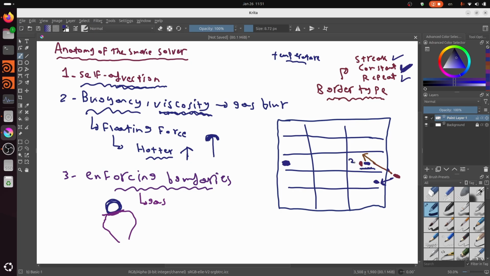So if this is 2, okay, we're going to stay at 2 in the next frame. But with streak, you are going to take the value of this voxel, okay, and repeat means that you are going to take the value of the voxel at the opposite side. So this is just the boundaries. And also, after enforcing the boundaries, we are also going to enforce incompressibility.